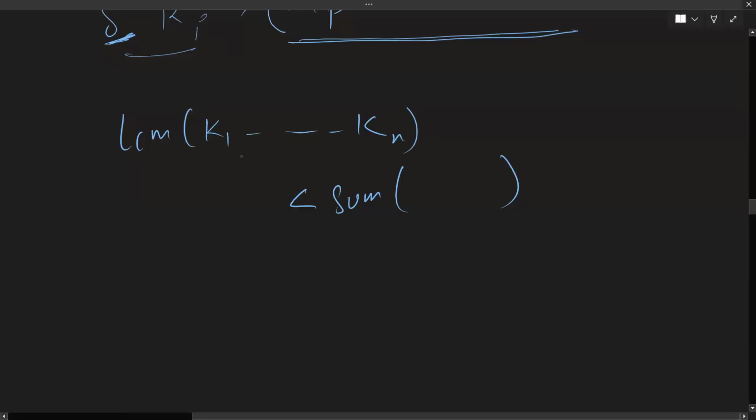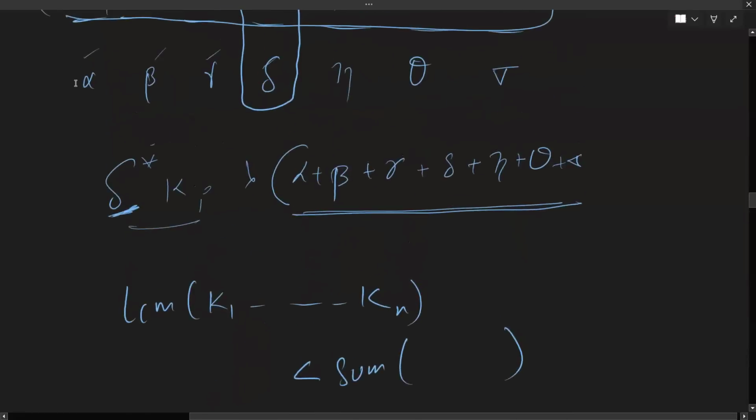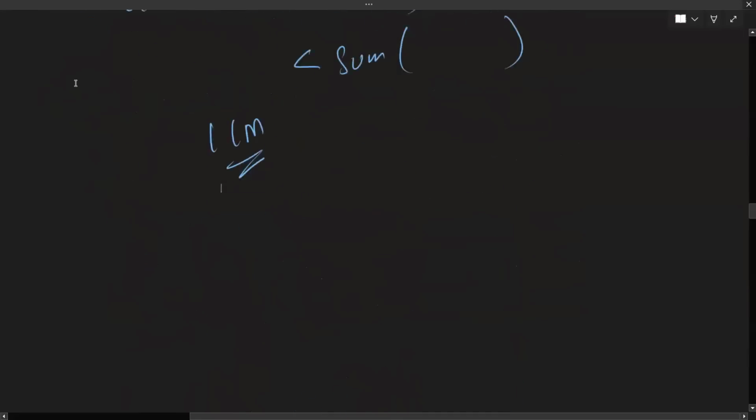I'll tell you. If you have LCM as your coins, for each you are getting LCM. Let's take an example. Say I have 7, 3, 2 multipliers. What is the LCM of these? 42.